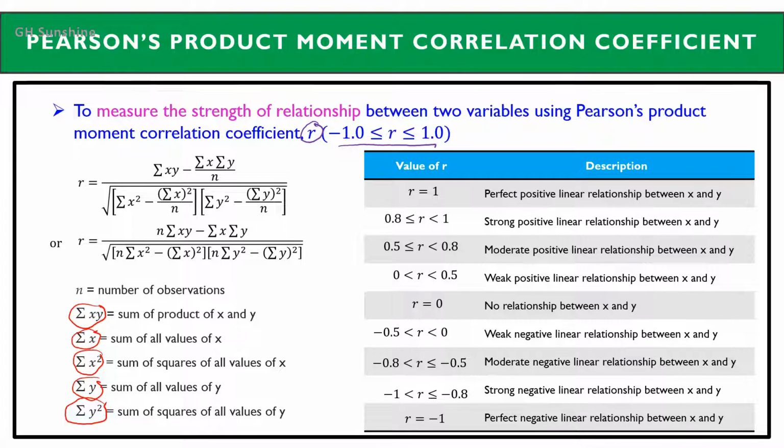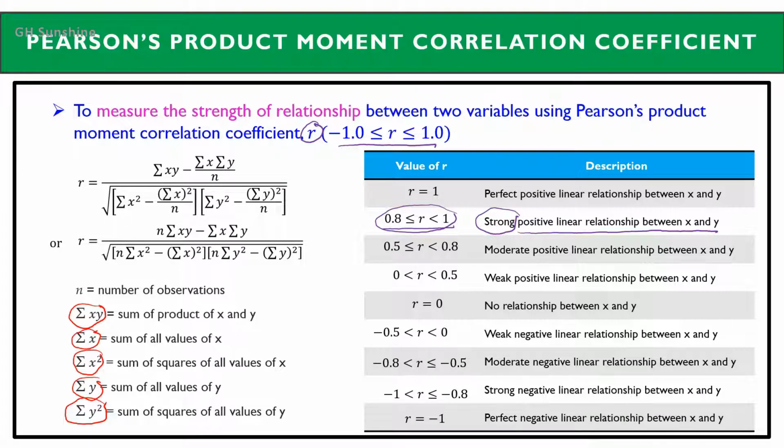When you get the value of R, you can interpret or explain or comment on the value of R. Let's say here, between 0.8 to 1 with a positive sign, therefore a strong positive linear relationship between x and y.